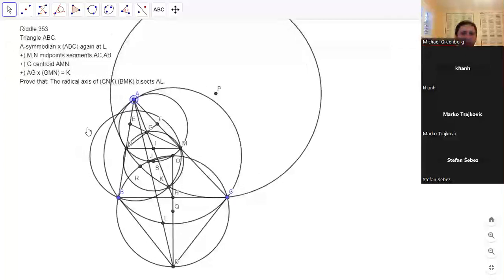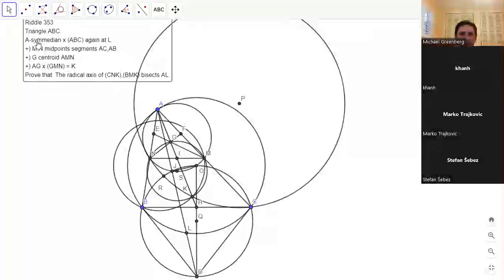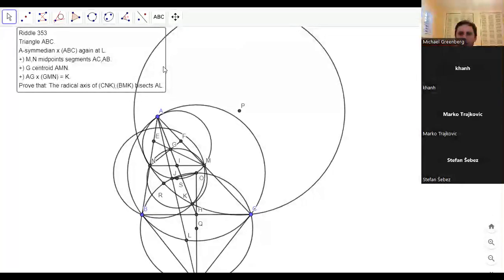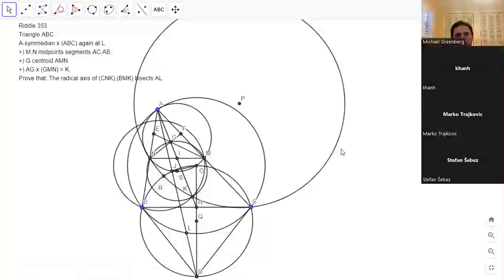So let me try this. What if I let AC? Is there anything that point K has to do with the triangle ABC? So it lies on the median. Lies on the median of ABC. But yeah, I'm trying to think what else. Could it be the isogonal?